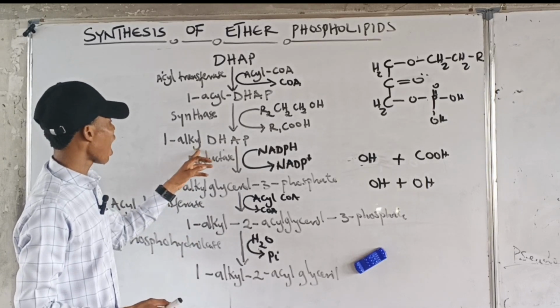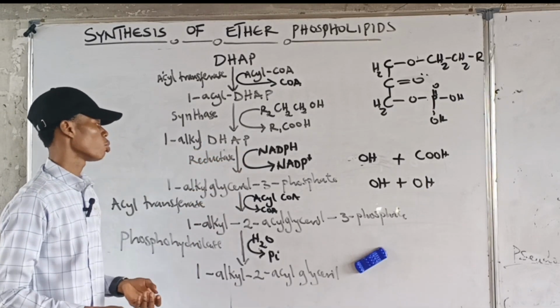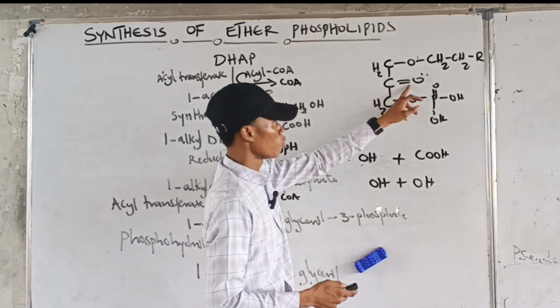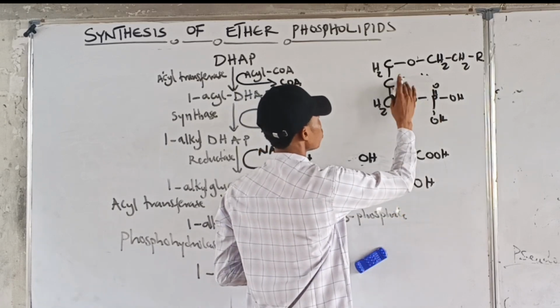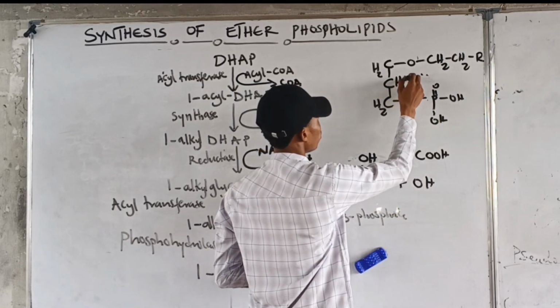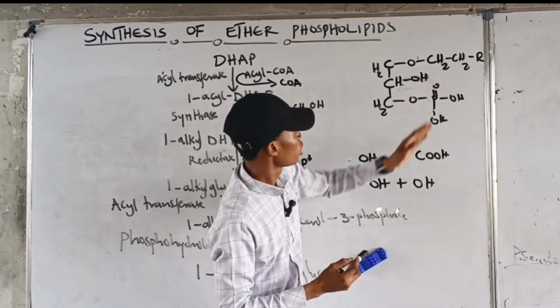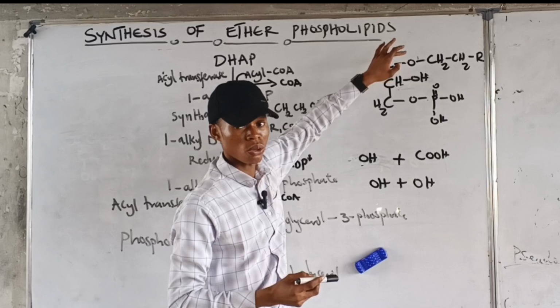Alright, now the next thing is reduction. This 1-alkyl dihydroxyacetone phosphate will be reduced. And you agree with me that reduction means addition of hydrogen. Are you seeing this double bond oxygen here? It will be reduced to an alcohol. So if we reduce this to an alcohol, we'll be having this. And if you check this very well, if I remove this first thing and this second thing, you agree with me that this is glycerol.